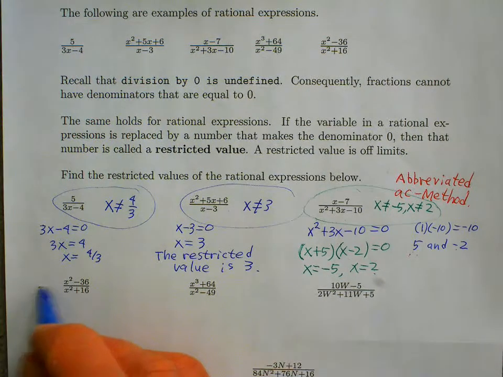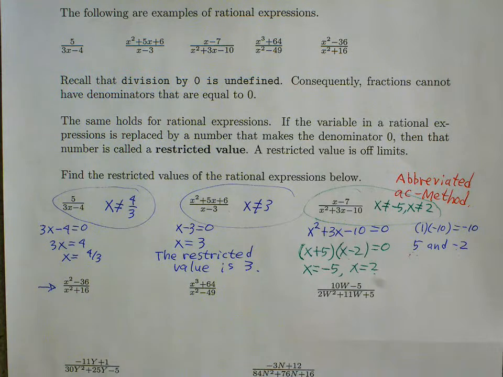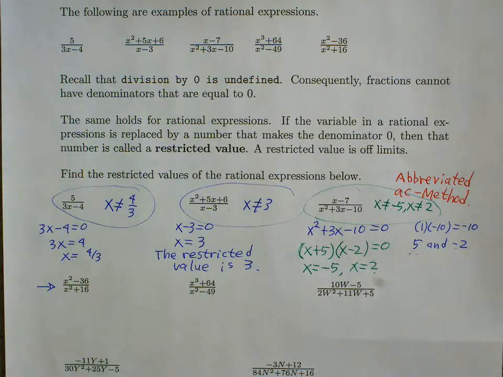Oh, what did you come up with? What are the restricted values for x to the second minus 36 divided by x squared plus 16?